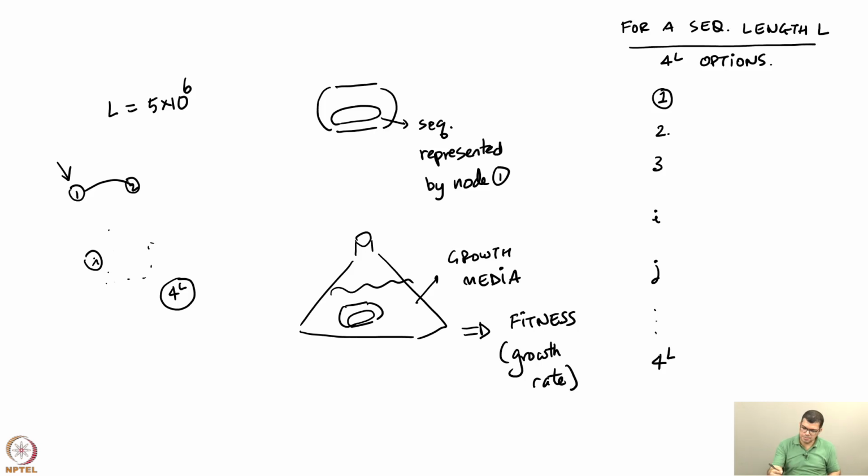So, I will do this experiment and I will record against node 1 the fitness associated with the bacteria that was carrying the DNA sequence represented by that particular node.